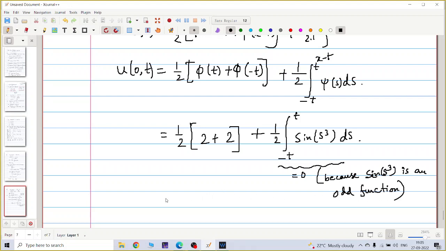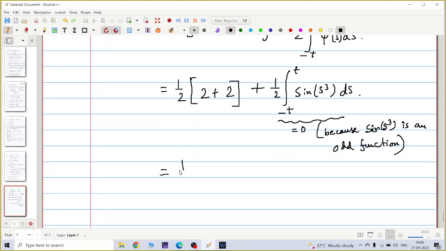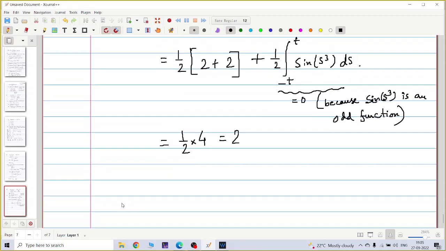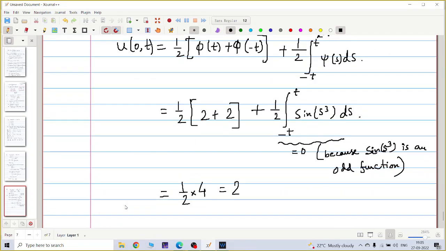So this is equal to half into 4, that is equal to 2. So this is independent of t. u(0, t) is independent of t, I got.